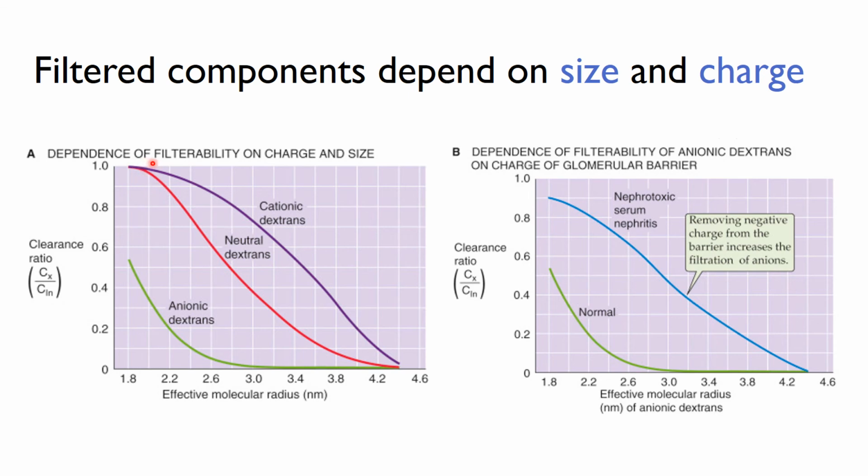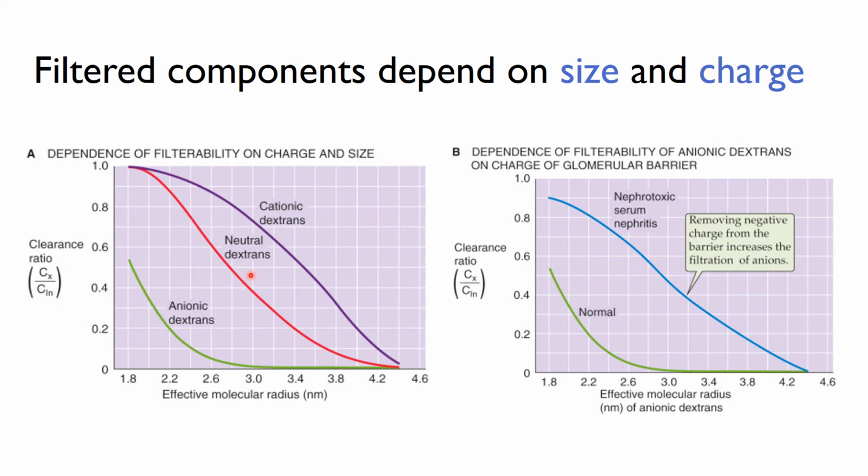What you'll notice, however, is that if you are a molecule that has a neutral charge, say a dextran or something like that, you have this nice sloping line that shows that you do get filtered, then you may or may not get filtered, and if you're too big, you're definitely not getting filtered.